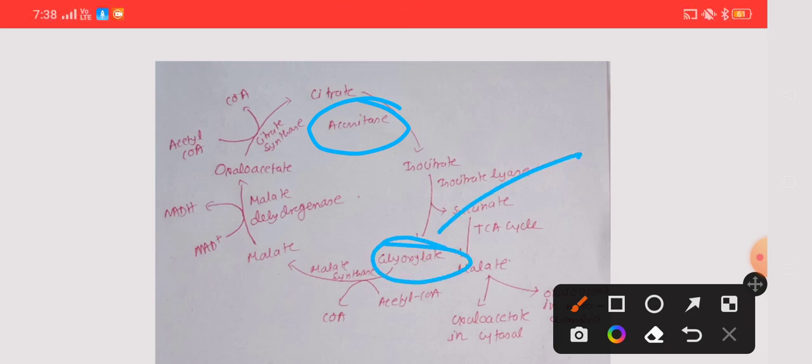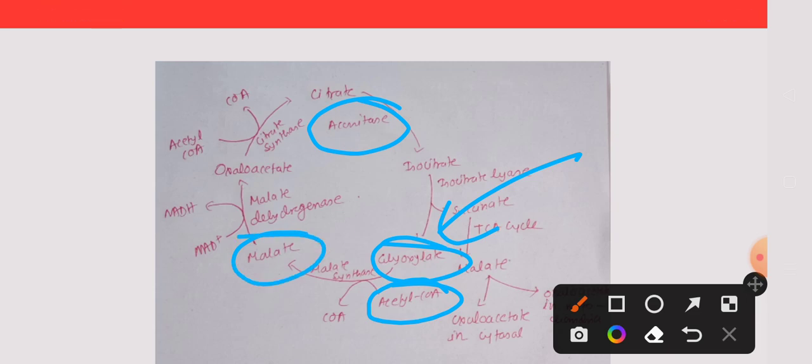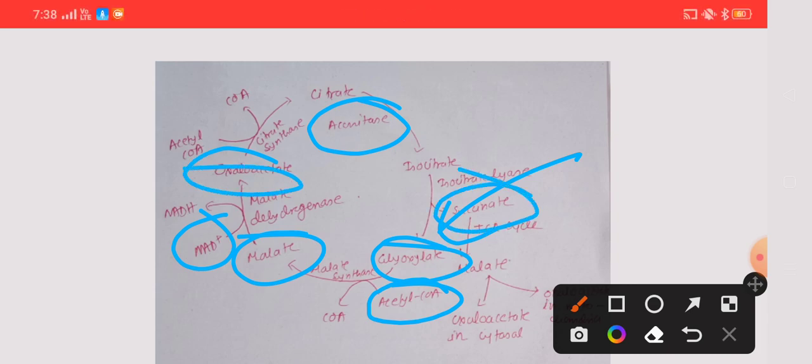Again, you may also call this the glyoxylate pathway because there is generation of glyoxylate as an intermediate. Now this glyoxylate will condense with acetyl CoA in the presence of the enzyme malate synthase, and we will get malate. Now this malate will be oxidized, reducing NAD plus in the presence of malate dehydrogenase, and we will get oxaloacetate. That's how oxaloacetate will be regenerated and we will get our succinate.